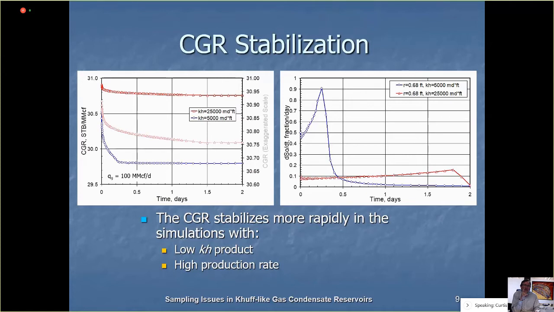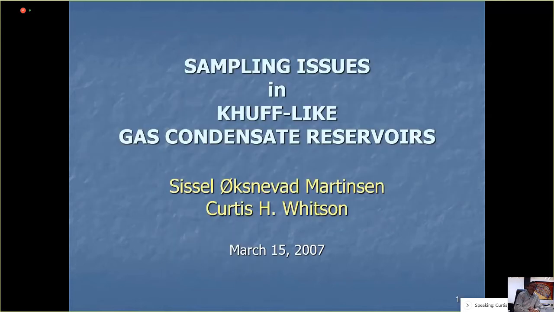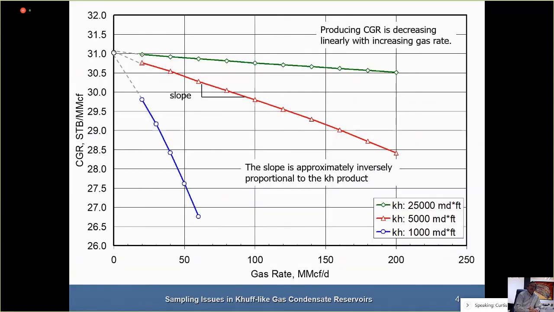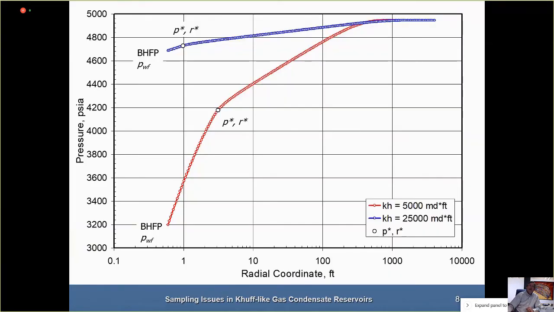Well, in all of the cases, you have the same flow rate, so you have the same mass rate going through this near well region. But where you have very low drawdown, the amount of liquid condensing out, building up that saturation, is much smaller, because you're at a higher pressure.